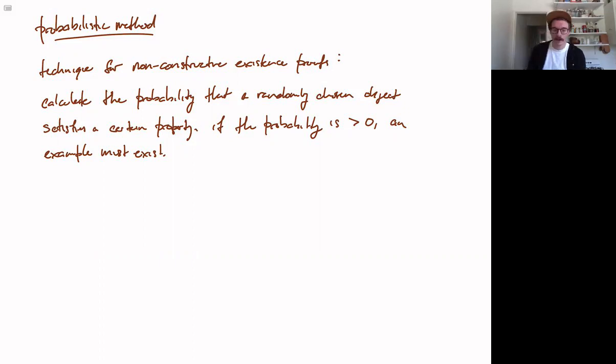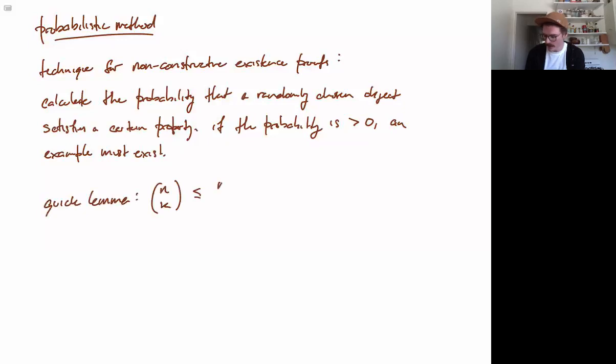So the example that we're going to do is bounding Ramsey numbers. But first we need a little lemma. Quick lemma. We are going to get a lower bound on some Ramsey numbers, so we need a bound on binomial coefficients that we will use in the course of the proof.